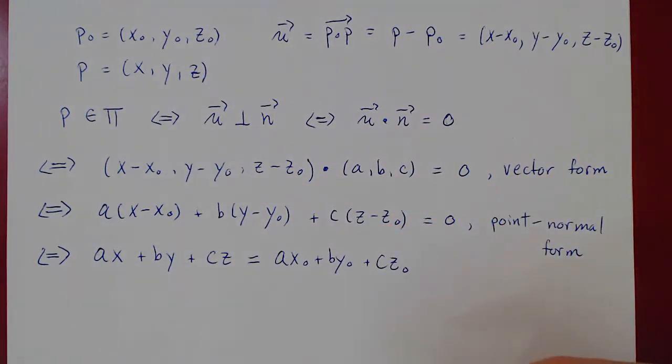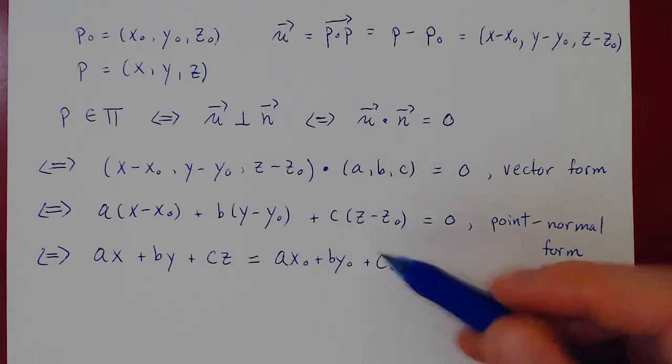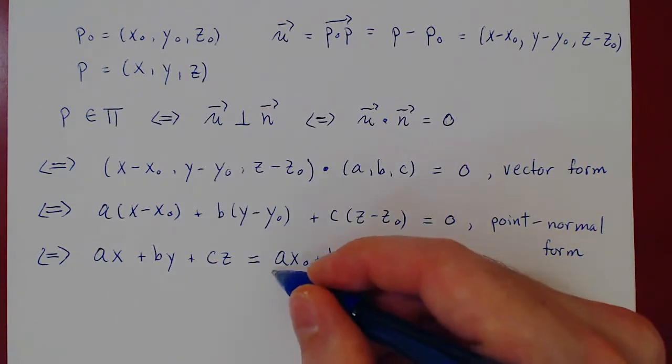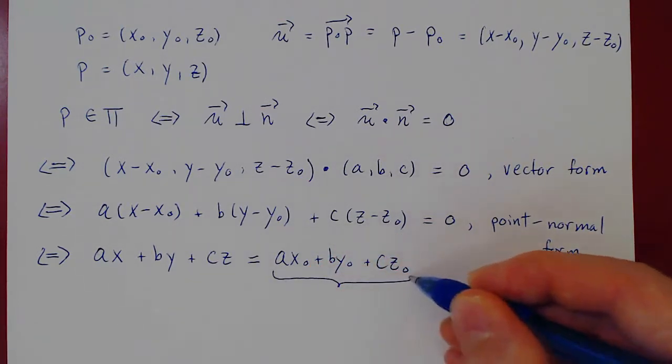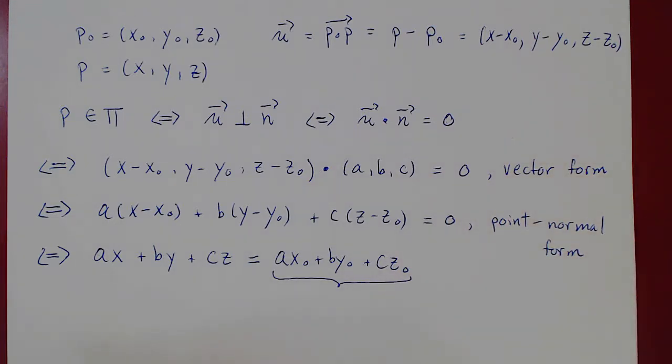And the idea is there's no variable here. A, B, C are fixed real numbers. x naught, y naught, z naught are also fixed real numbers. So all this is a constant. The idea is, well, let's give this a new name.